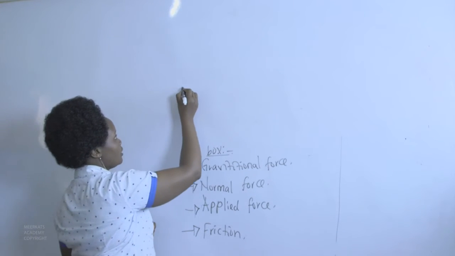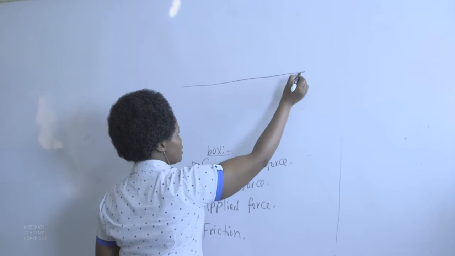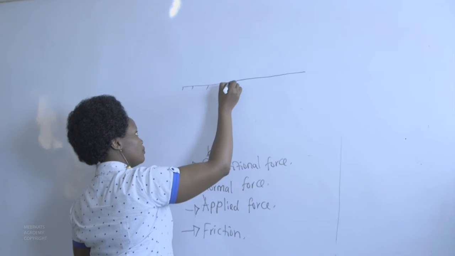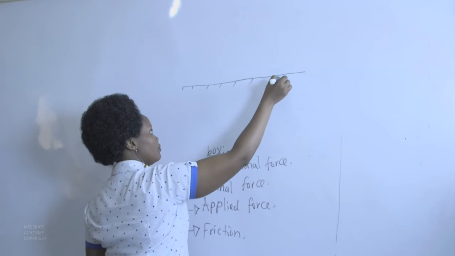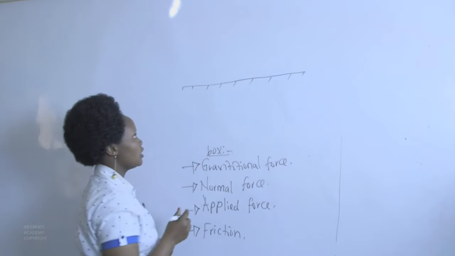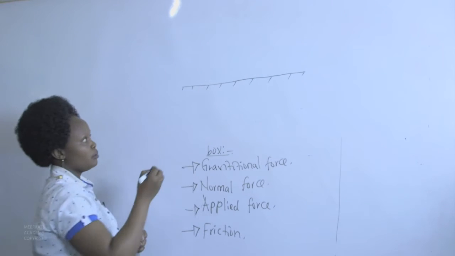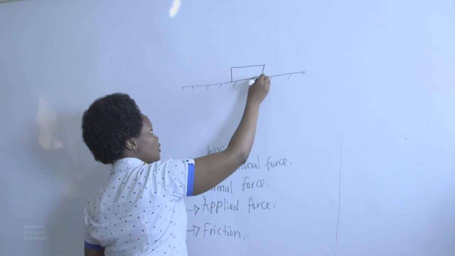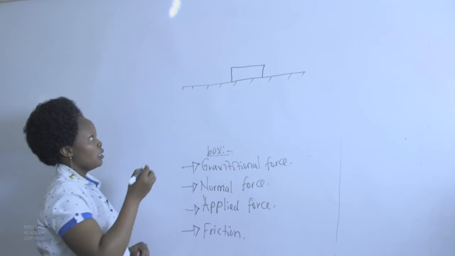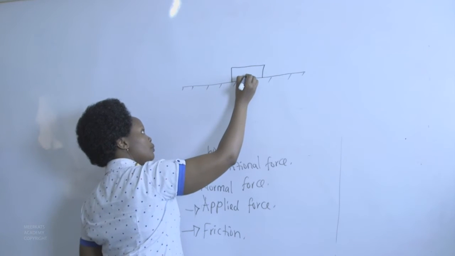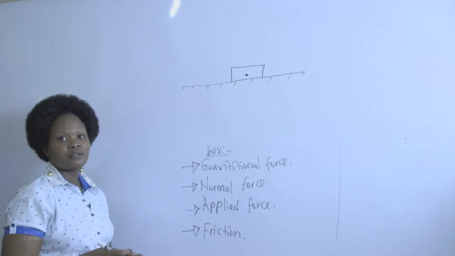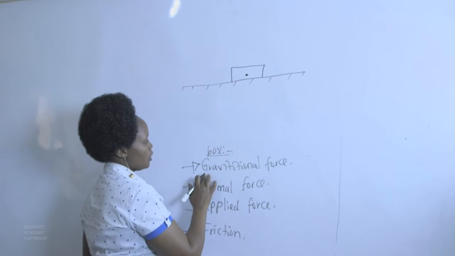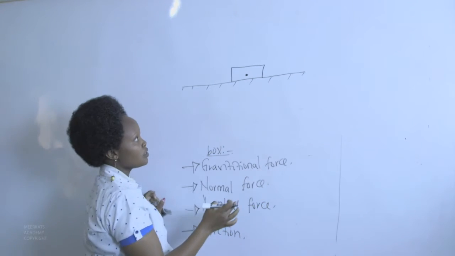Now take this line to represent a flat surface. Then we have our box on the flat surface. Now let us resolve the forces. Force number one is the gravitational force.